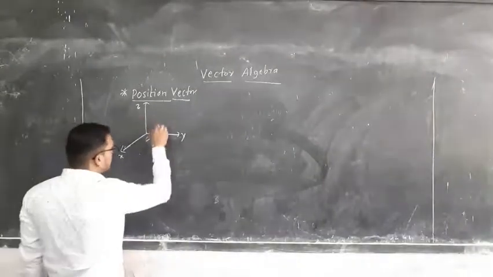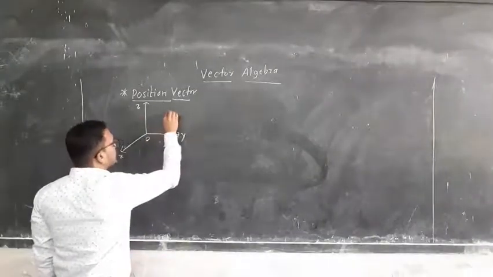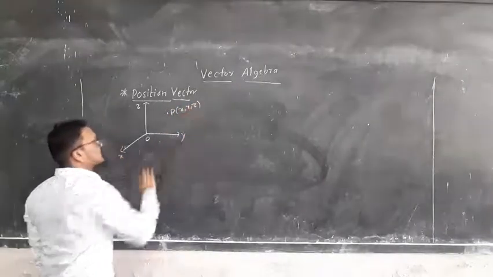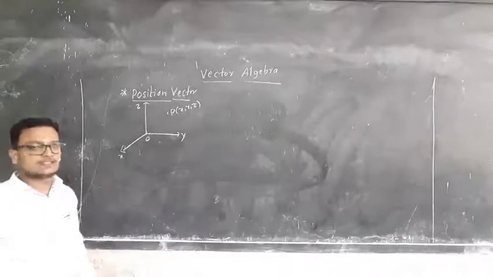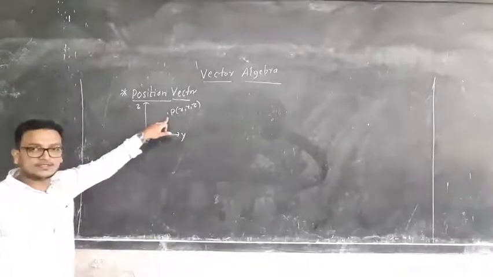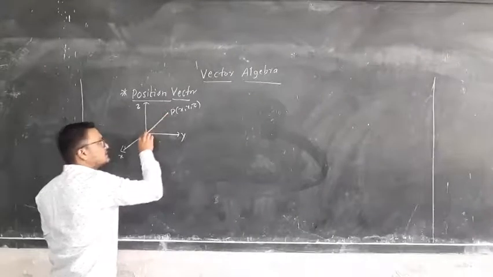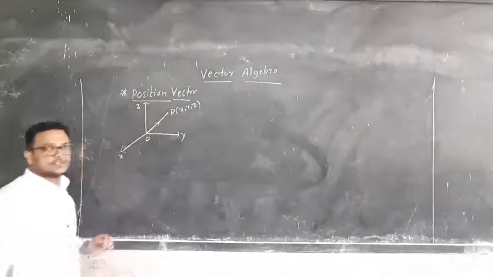In this space we take one point P, which is (x, y, z), and it is joined with respect to the origin.